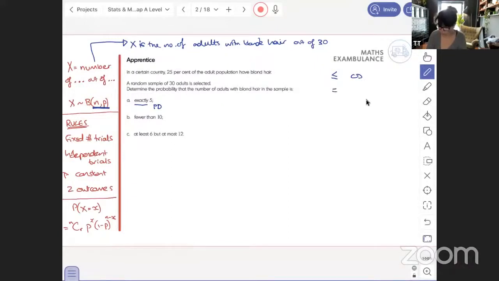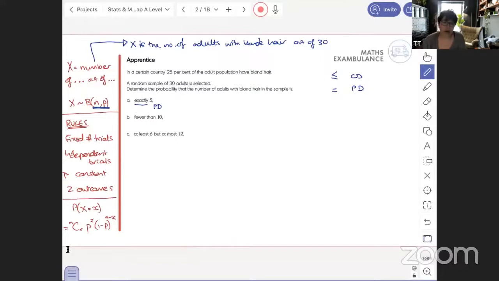So equal to is PD, less than or equal to is CD. When you press that, like for part A, if you pressed number 4, binomial PD, it's going to say, do you want a list or a variable? And you say number 2, please, a variable. If anyone's got the Casio or any other calculator that they want me to explain how to do it, then that's fine. Just give me a shout, okay?